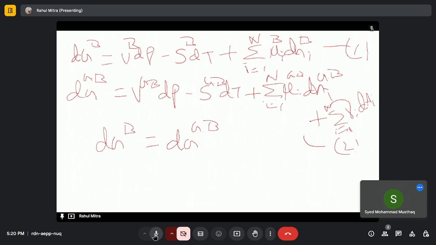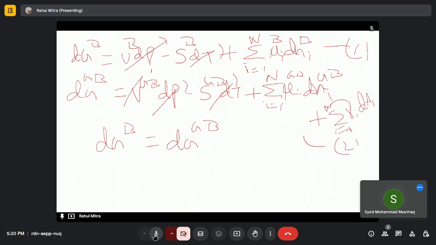Now, if I write the Gibbs-Duhem equation for 1, let's say there is no change in pressure or temperature, and again there is no change in volume, so these terms will go out, and we are left with the bulk.